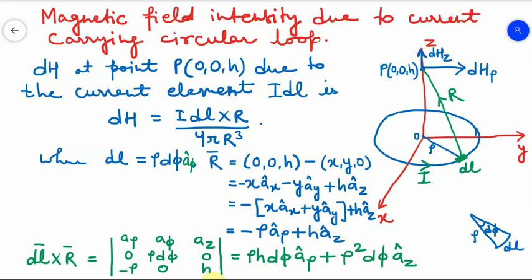This dl cross r is indicating the direction of this dh, due to that current element. So we will now substitute this dl, this r and this dl cross r into this equation, let's say equation 1.